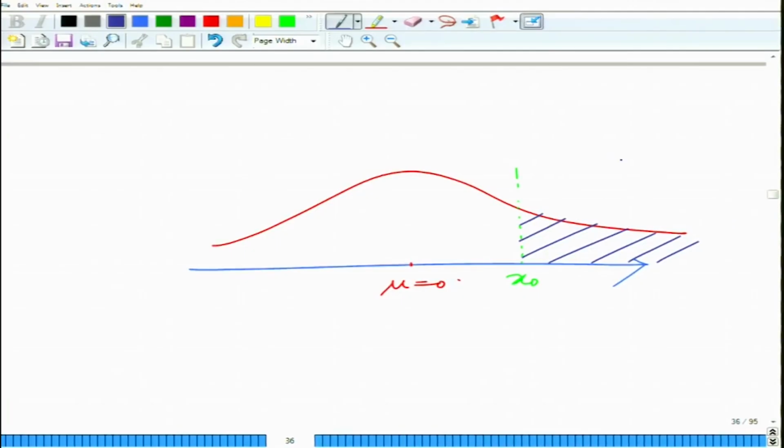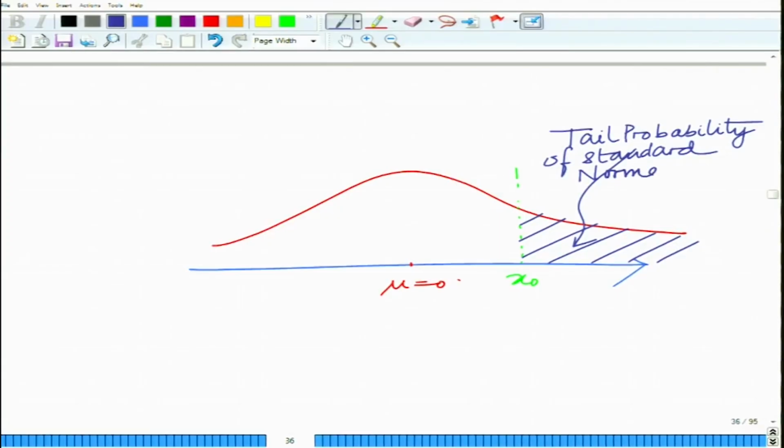This is also known as the tail probability of the standard normal random variable. It is the probability under the tail starting from x naught.